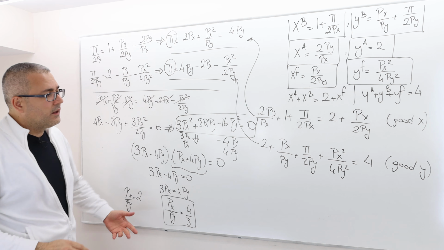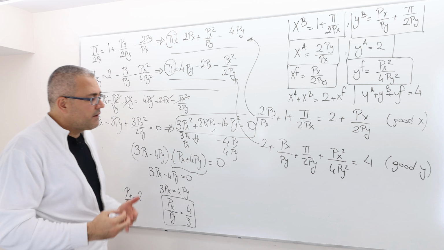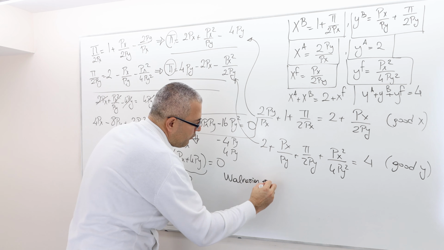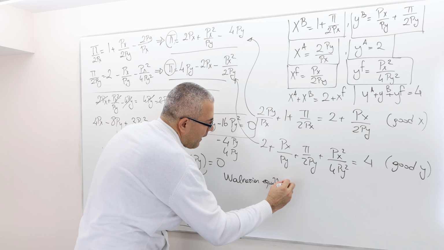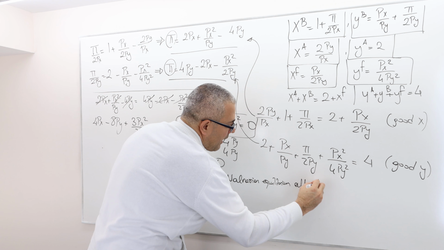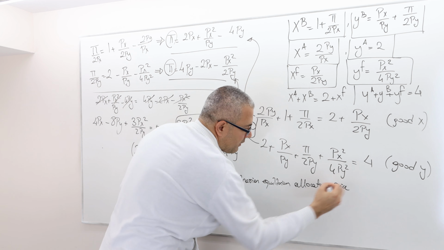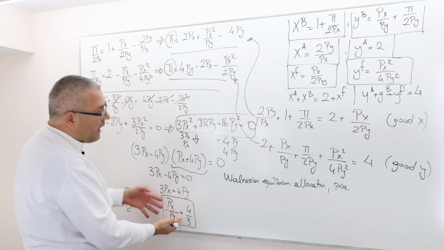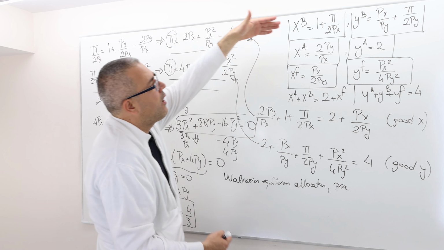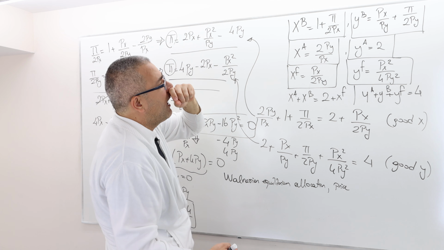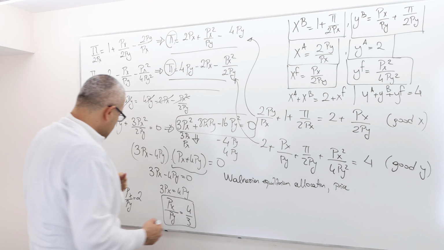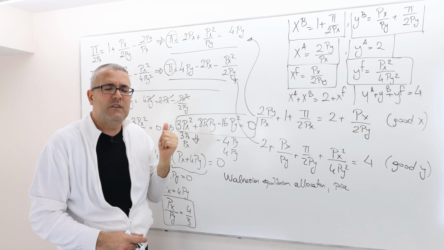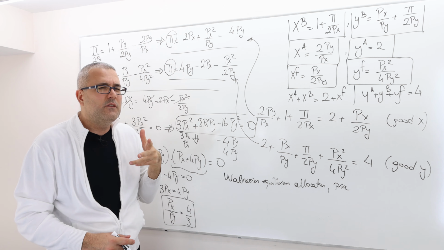Okay? Well, the conclusion: the Walrasian equilibrium allocation and the price ratio, or the price vector, is the following. The allocation is basically, I'm going to plug px, py in all those. I need to calculate pi. On top of my head, I can't remember what pi was. I think pi is px squared divided by 2py.